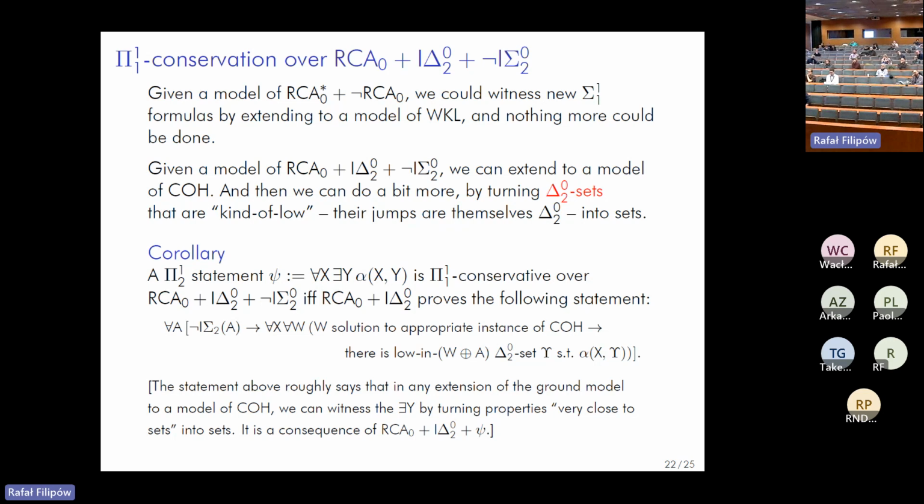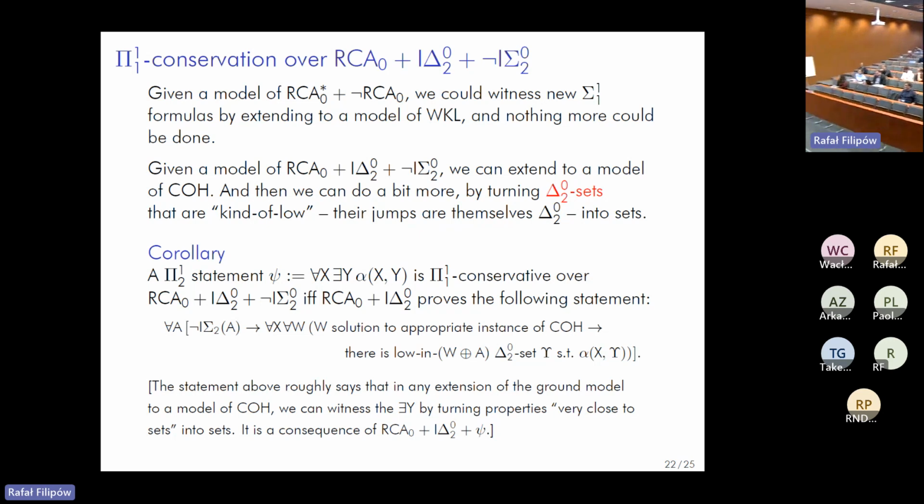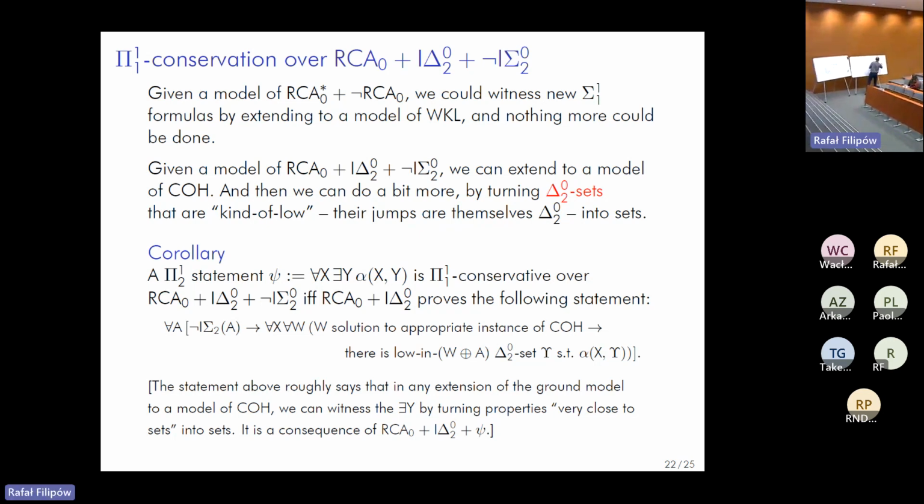So here, if you're in a model of delta 2 induction but not sigma 2 induction, you can always extend your set theoretic universe so as to get the cohesive principle. And then you can do a little bit more. There are going to be some sets living in these delta 2 definables. For example, there's a set here, perhaps, which are low in the sense that they're Turing jumps, so complete sigma 1 sets relative to them, they're also delta 2 definable.